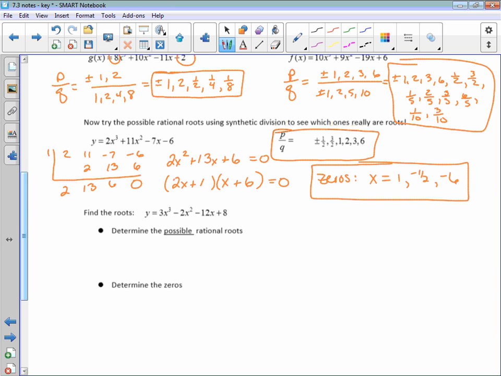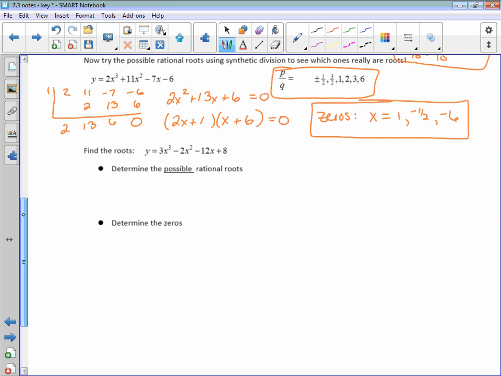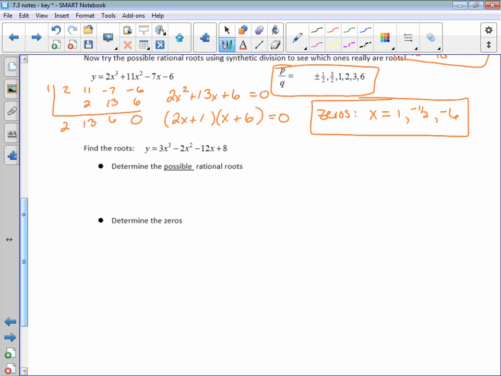Okay, so let's do the next one together too. Again, directions are very important here. The first little bullet says determine the possible rational roots. What is that asking you to do?